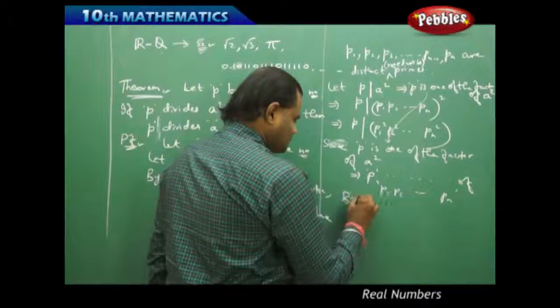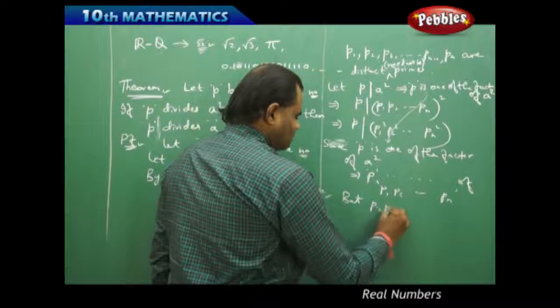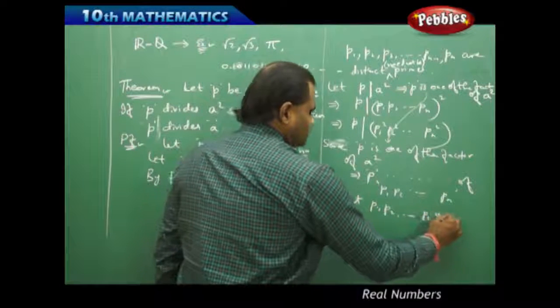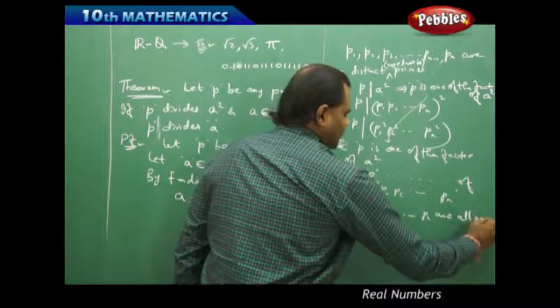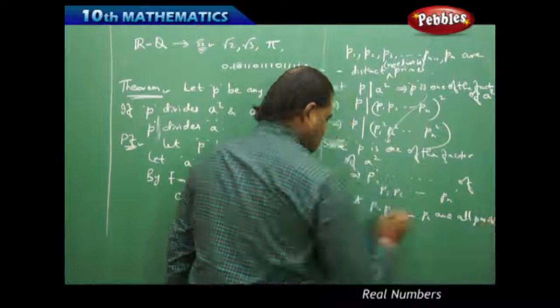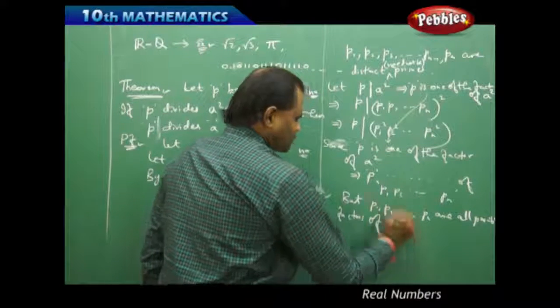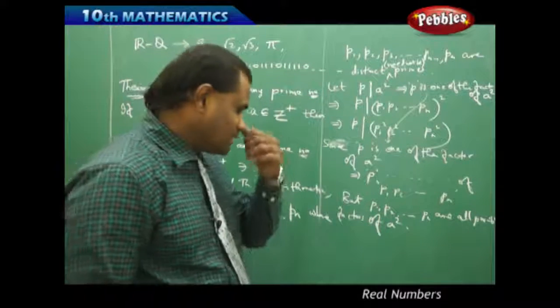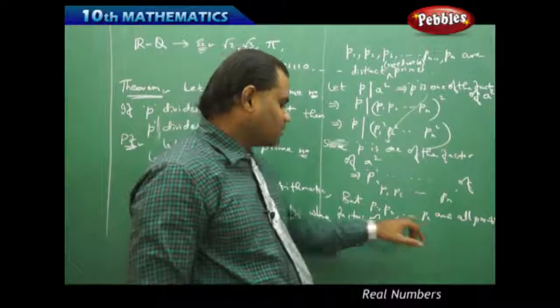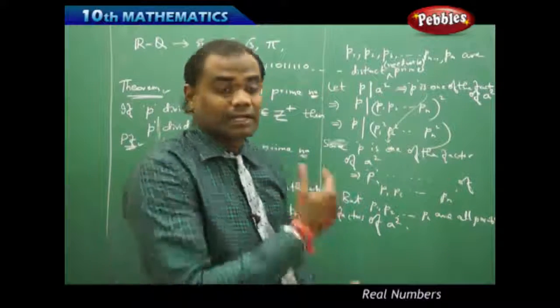But p1, p2 till pn are all possible factors of a square. That implies all possible factors of a square are p1 to pn. It cannot have anything other than that.